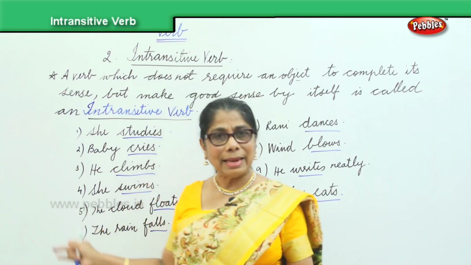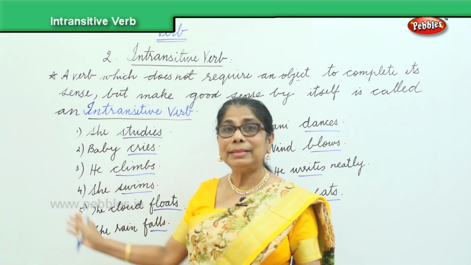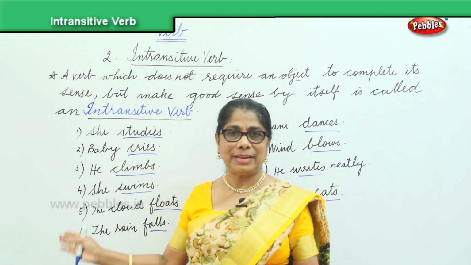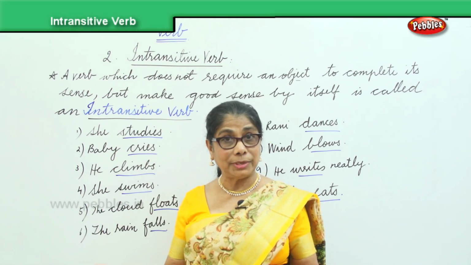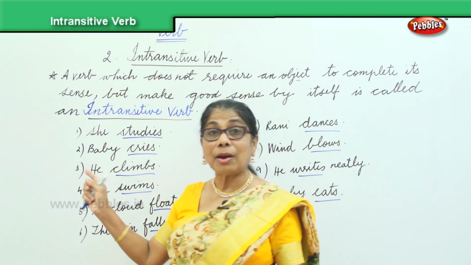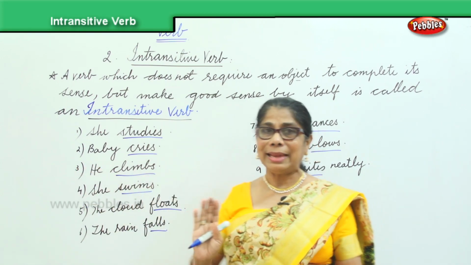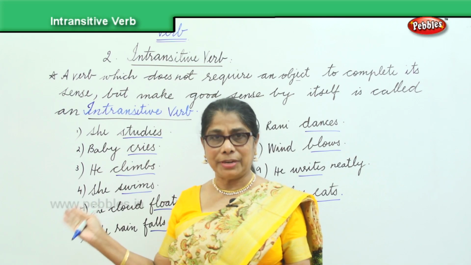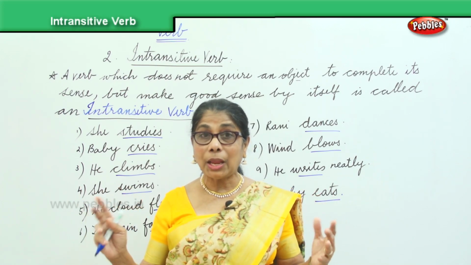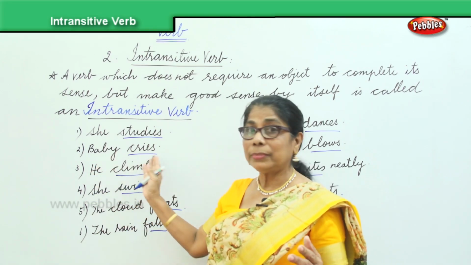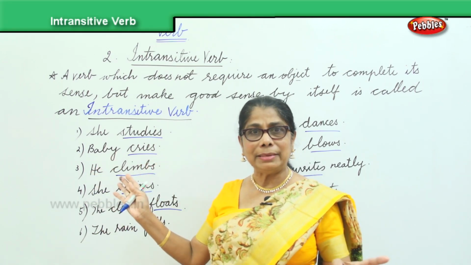In these intransitive sentences, to complete them, we do not need an object. So, these are all what we call an intransitive verb. When you look at an intransitive verb, you must say, oh, the subject, the verb cries, completes.